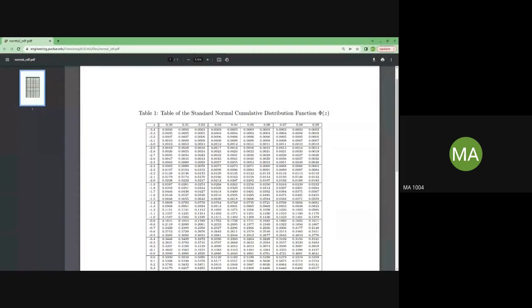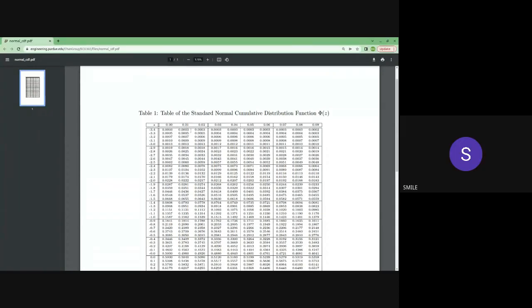And if I wanted to compute minus 3.41, the value for FZ of minus 3.41 will be, so this is the hundredth, the second decimal place. First and second decimal places. So FZ of minus 3.41 will also be equal to 0.0003.